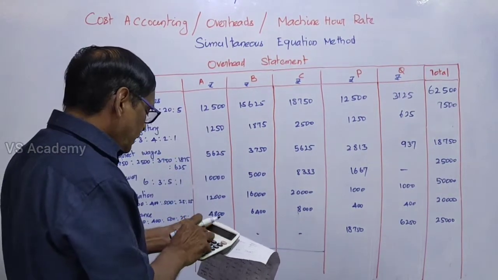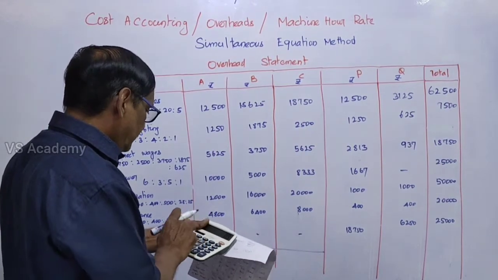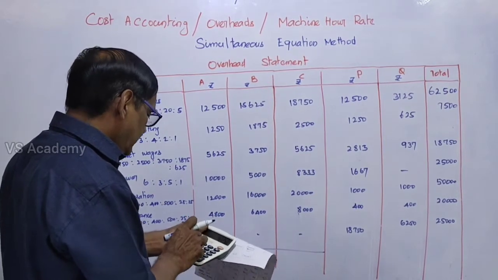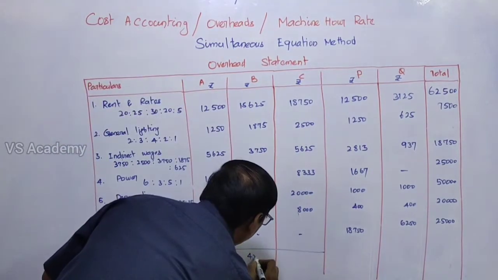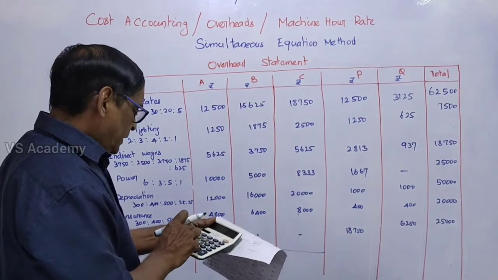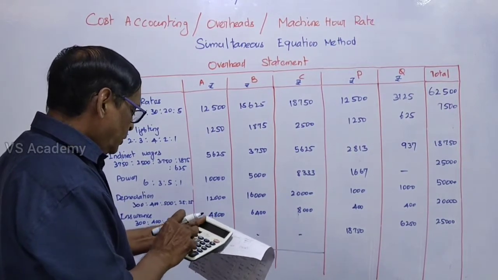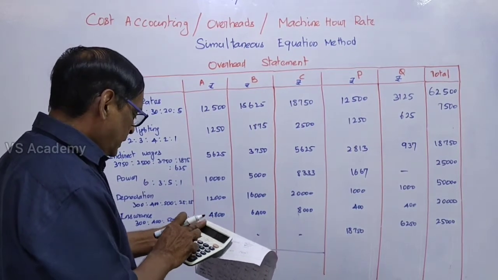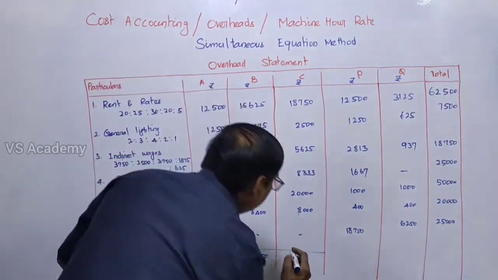Here 15,625, 1,875 plus 3,750 plus 5,000 plus 16,000 plus 6,400, so 48,650. And then 18,750 plus 2,500 plus 5,625 plus 8,333 plus 20,000 plus 8,000. The total 63,208.